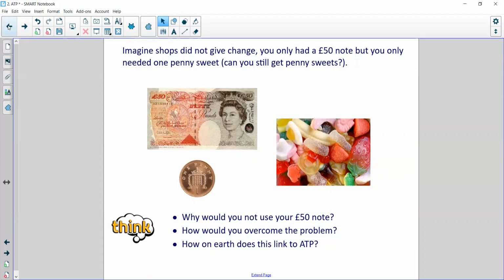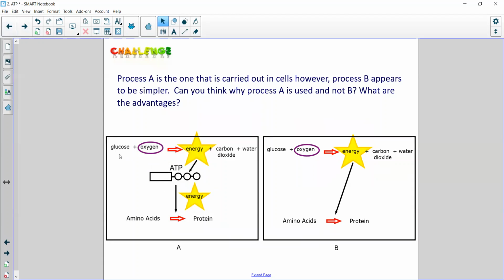Now, it's a similar thing going on here. All of that energy that's being released from glucose, if this is how cells worked, if we didn't have ATP, then once we've done the respiration, the energy that was needed would go into this, but huge amounts of energy would be lost because we might not need all of the energy from that to be able to achieve this.